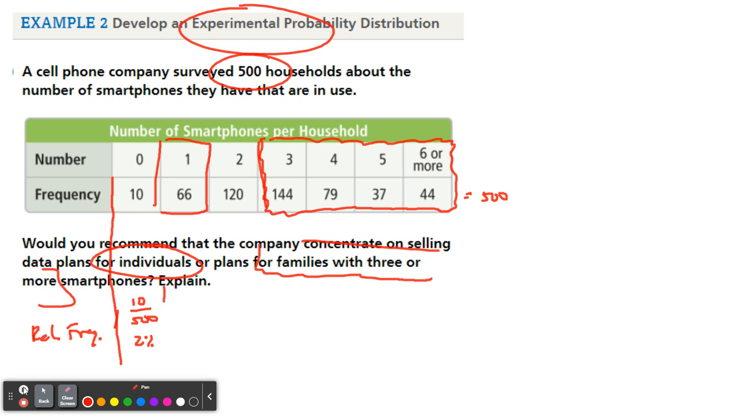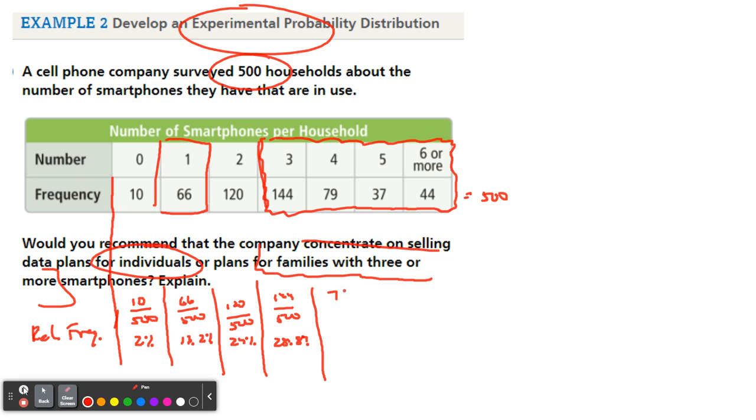I'm going to do it in percentages, right? And we would do 66 divided by 500. This is roughly 13.2%. And then we do 120 divided by 500. This is 24%. And then we do 144 divided by 500. That's 28.8%.